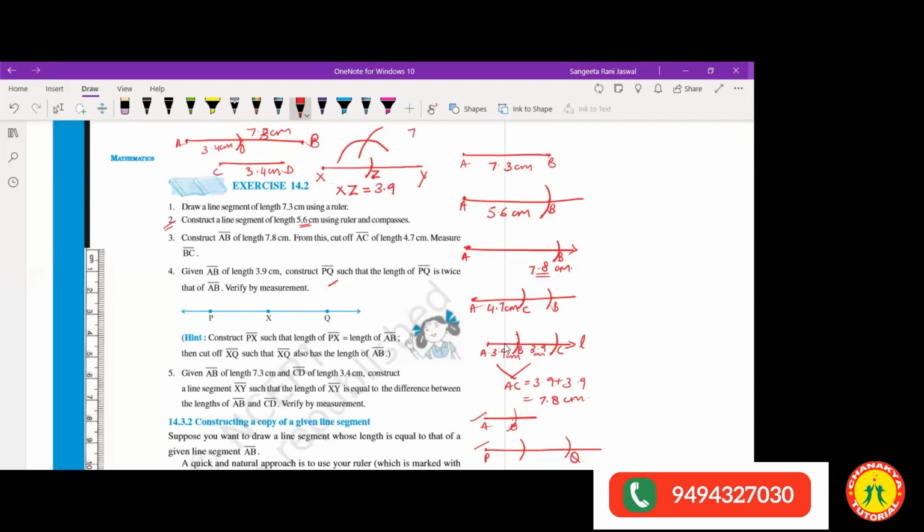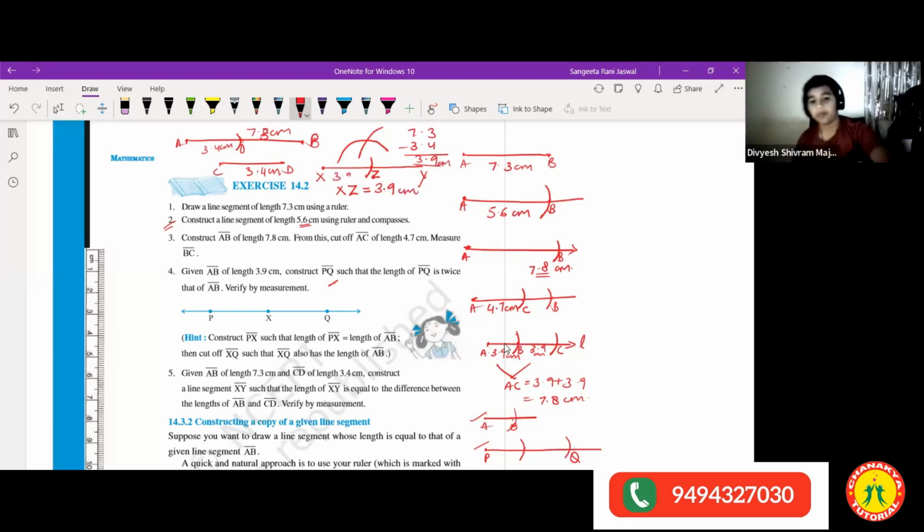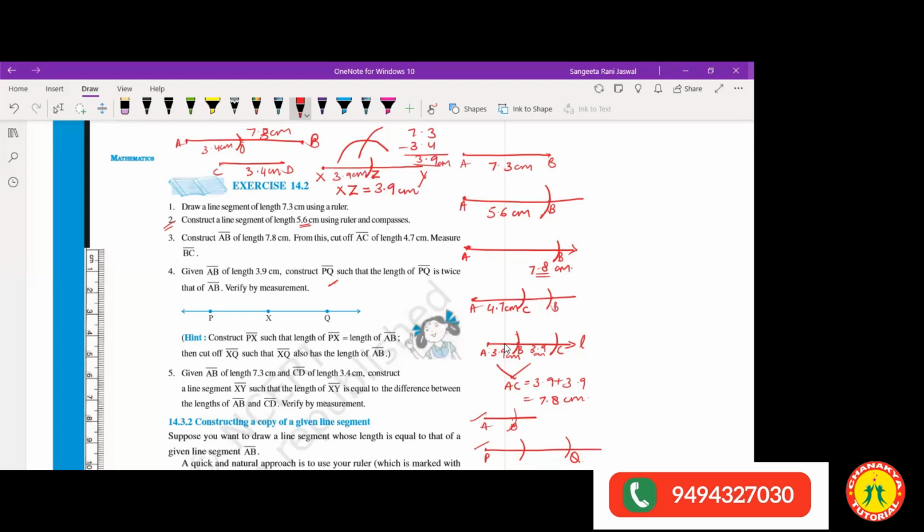Okay, so is that the difference the same? If I subtract 3.4 from 7.3, do I get 3.9? I get 3.9. Is it? Yes, ma'am. This is now 3.9 centimeters.